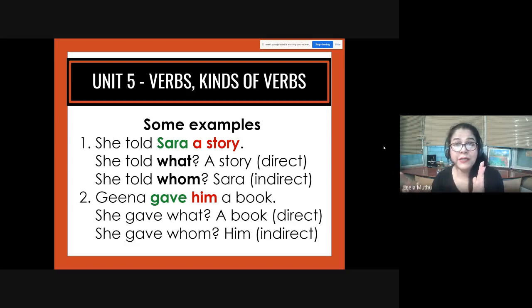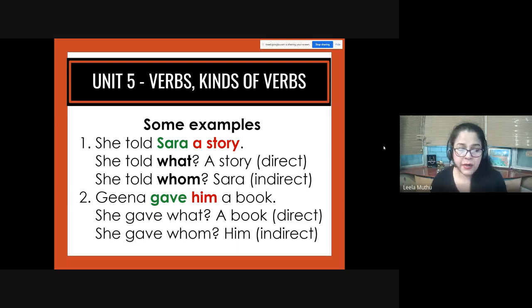She told what? A story. Direct object. She told whom the story? Sarah. Indirect object. Now remember, direct and indirect objects will be there only if there are two objects in the sentence. When there is only one object, you don't have to sit and distinguish anything.